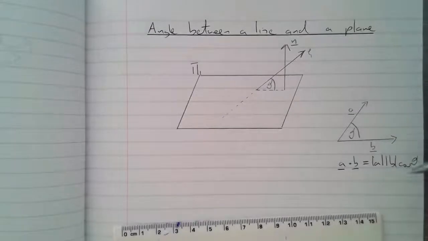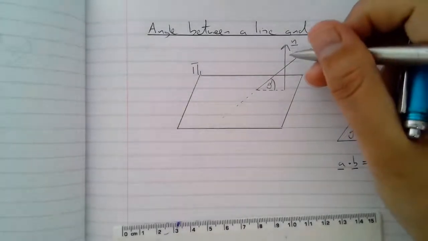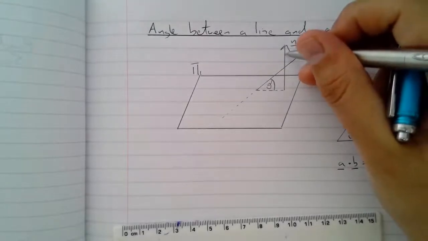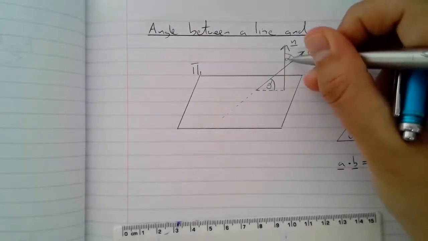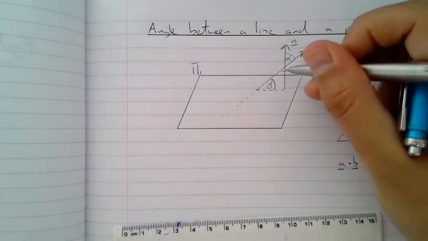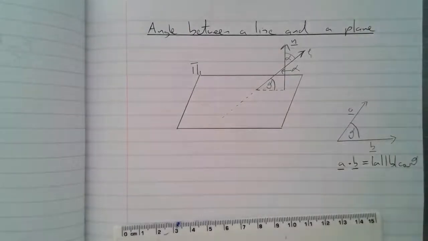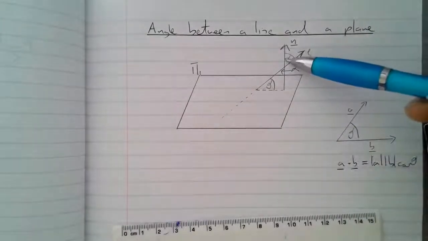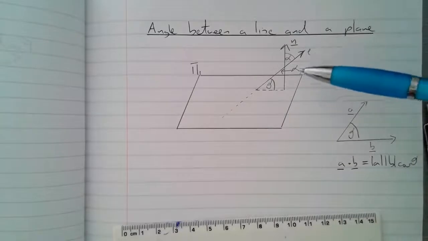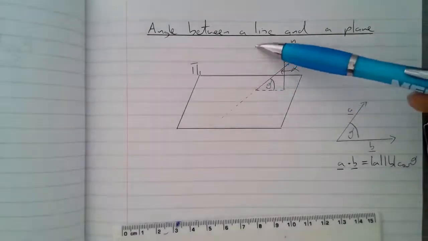So if I do this dot product here, it's going to find me this angle up here, which is obviously the same as that angle in there. If you don't quite believe me about the dot product finding this angle, imagine this normal vector being over here.